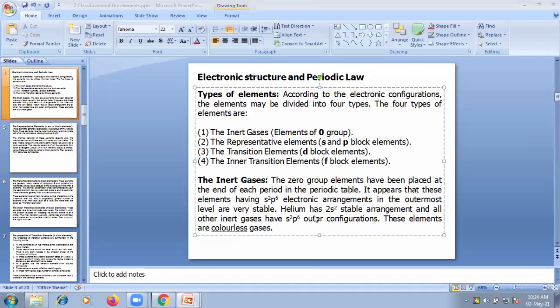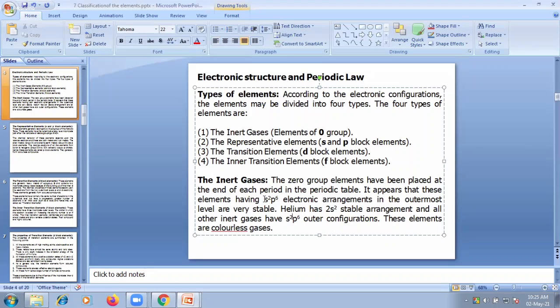When the electronic configuration becomes completely filled up, the elements become more stable and do not want to react with others. That is the reason inert gases are inert.